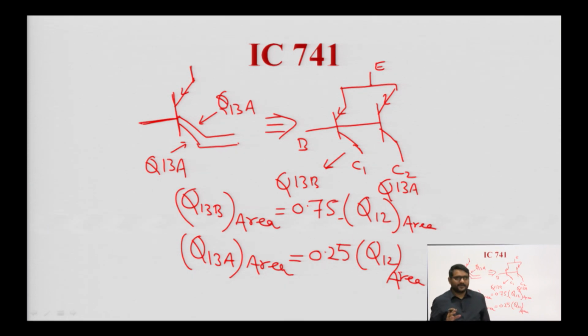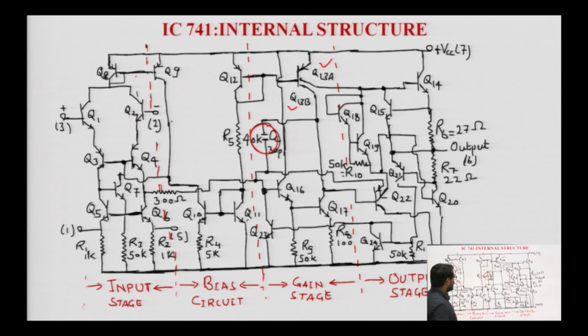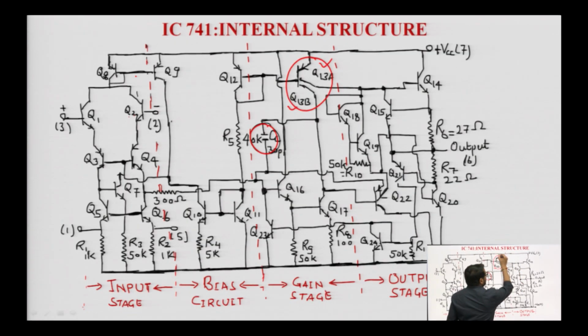If we consider this fabrication strategy between Q13 and Q12, with areas 0.75 and 0.25, then if you calculate the collector current for Q13A, it is also equal to 0.75 of the biasing current of the Q12 transistor. Okay. And similarly the Q13B collector current is also equal to 0.75 of the bias current of Q12. We will later see this in the derivation part. So, this is the role of Q13A and Q13B.